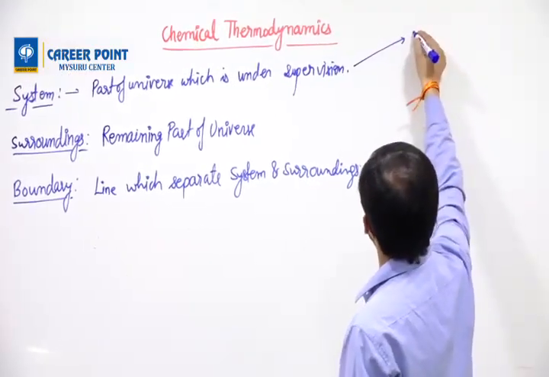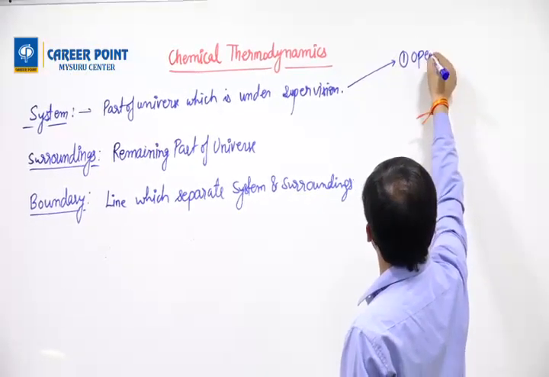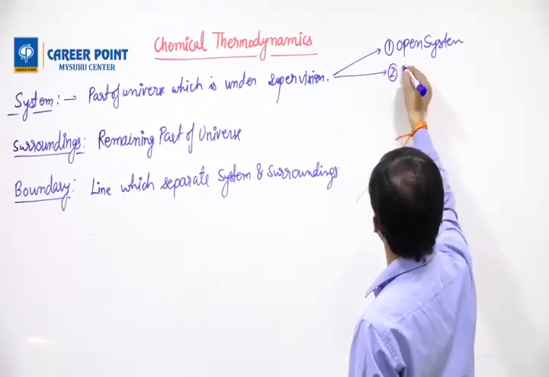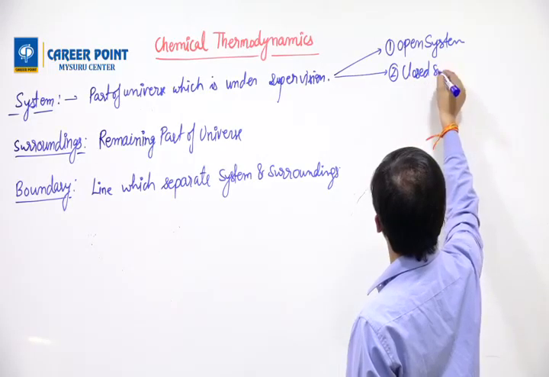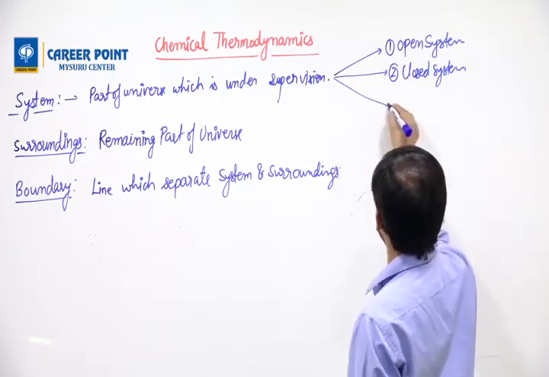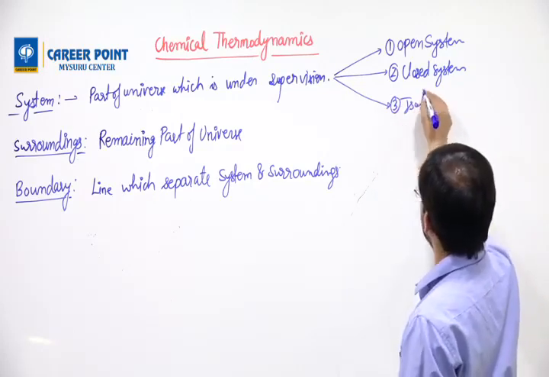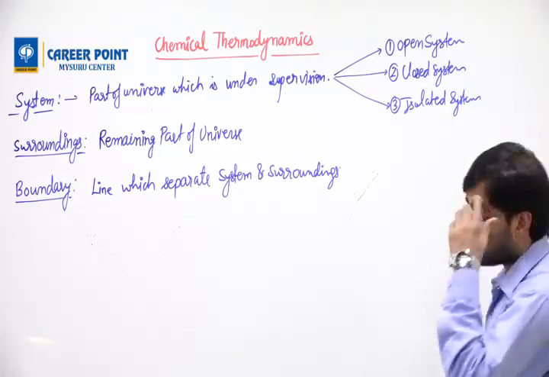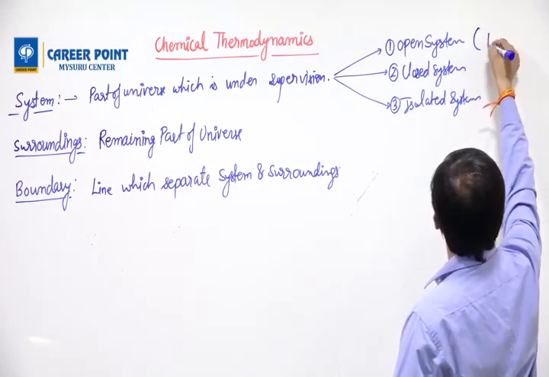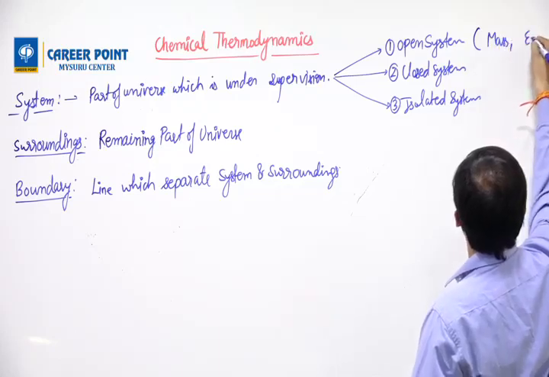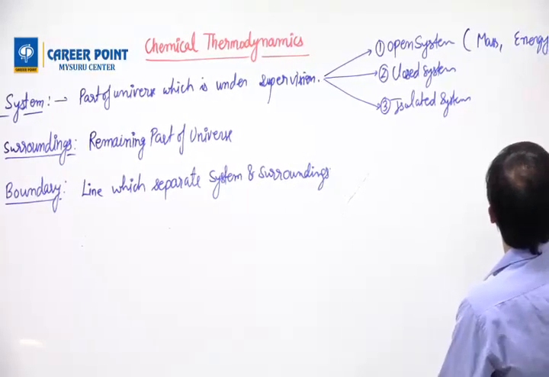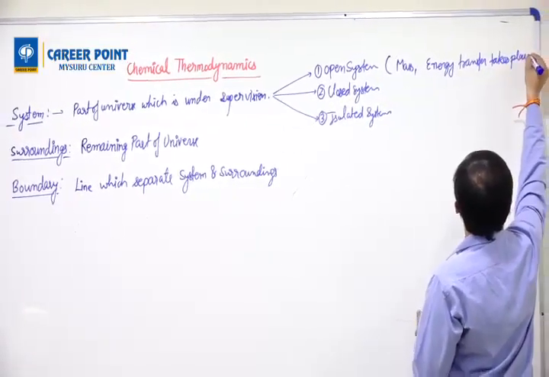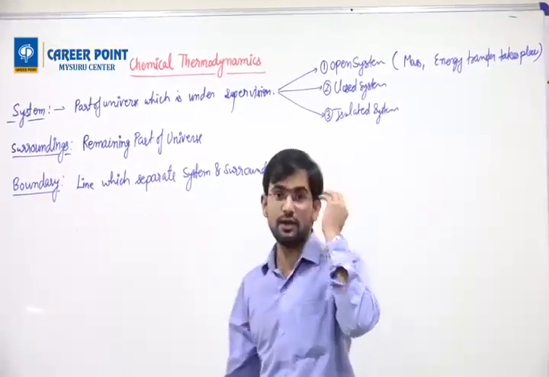The first system is known as open system, the second as closed system, and the third as isolated system. Open system is where mass and energy transfer take place.